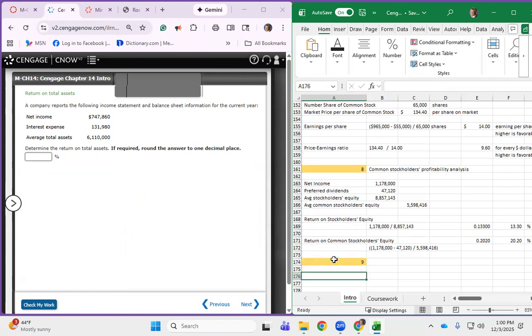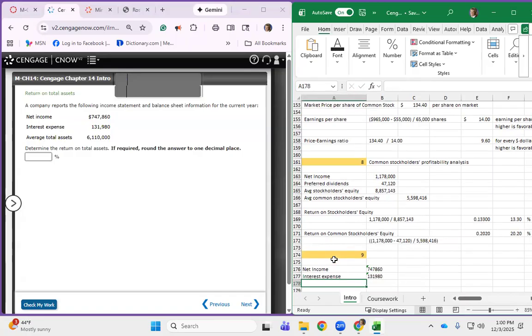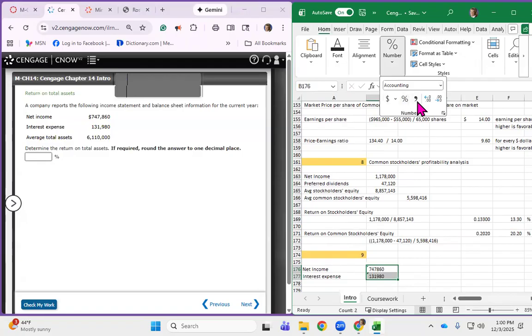We have net income of 747,860. Then we have interest expense, because I think we have to subtract it if my memory serves, 980.